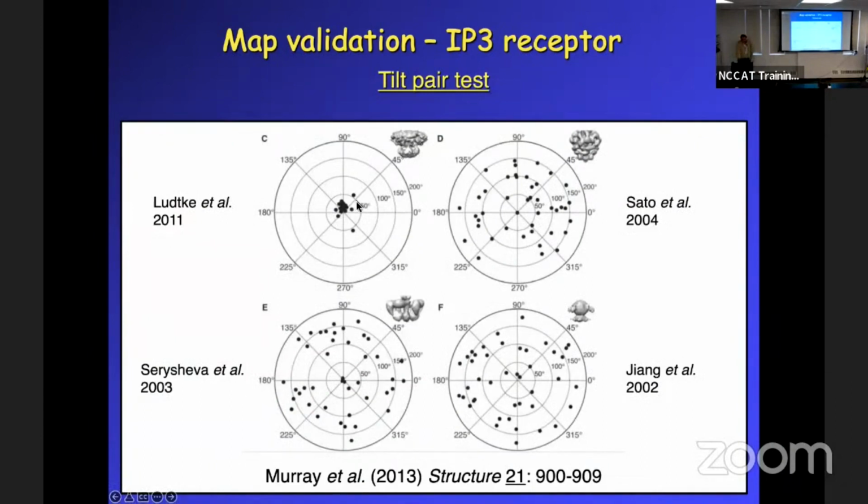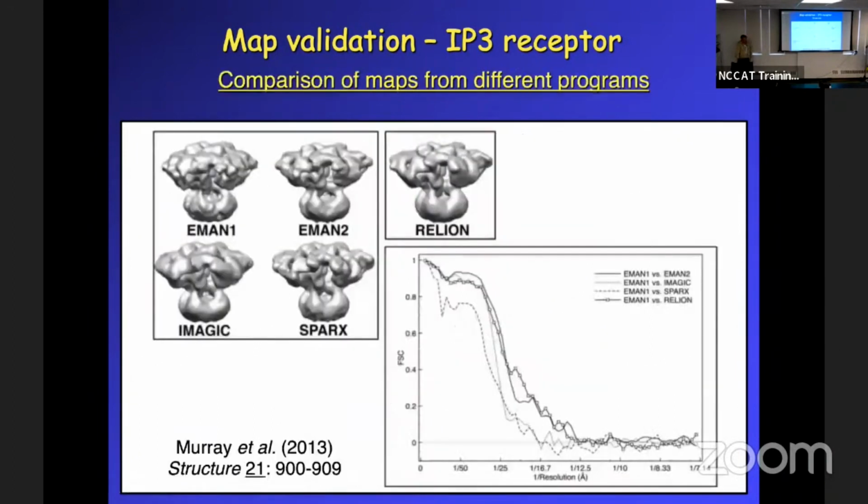And this is the new one, and now you can see this fits very nicely, while for all the previous structures, the projections were all over the place. So none of these structures had anything to do with the real structure of the protein. They determined the structure with different image processing programs, and everything looked pretty similar. So in the end, they were actually convinced that this is the correct structure.